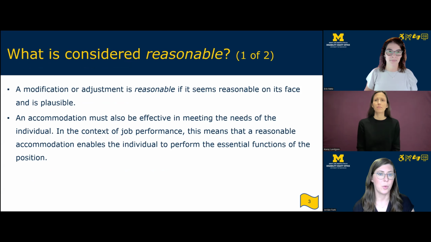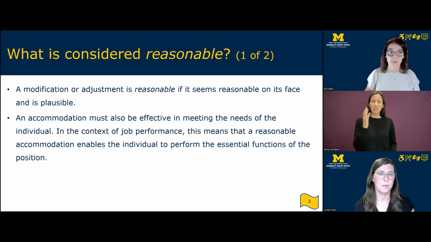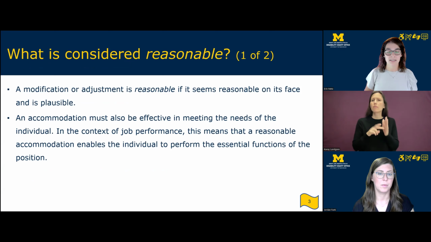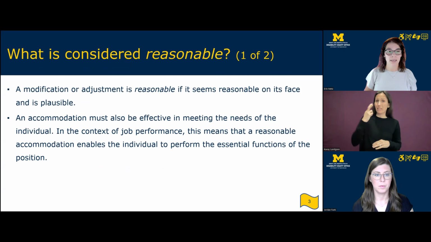What is considered reasonable? A modification or adjustment is reasonable if it seems reasonable on its face and is plausible. An accommodation must also be effective in meeting the needs of the individual. So, in the context of job performance, this means that a reasonable accommodation enables the individual to perform the essential functions of the position.